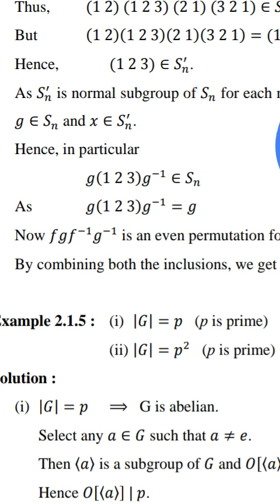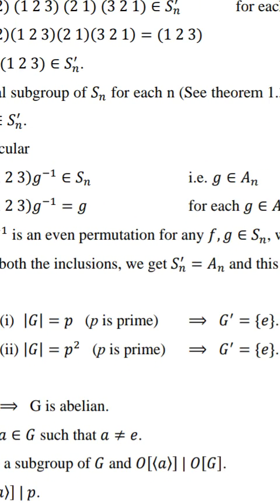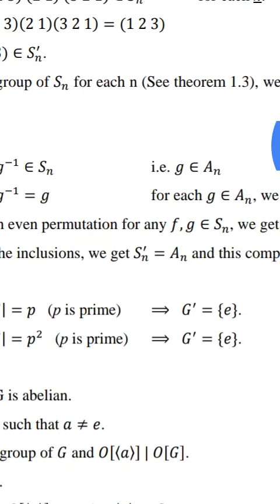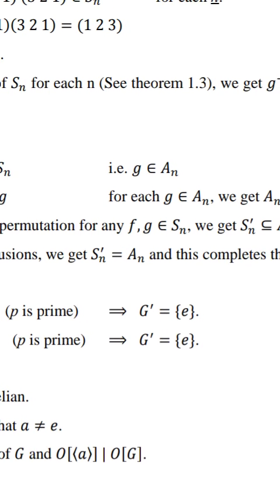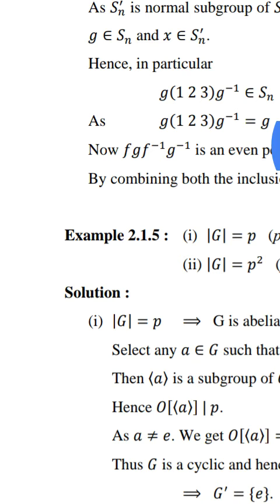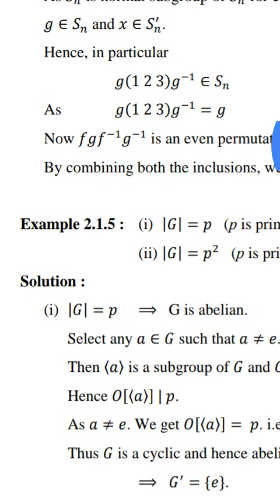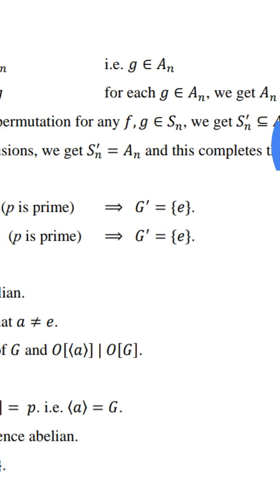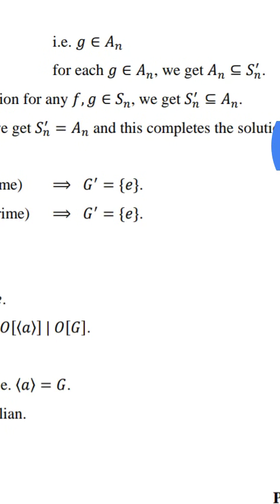Now, f inverse g inverse is an even permutation for any f, g belongs to Sn. We get Sn' is a subset of An. By combining both inclusions, we get Sn' is equal to An, and this completes the solution.